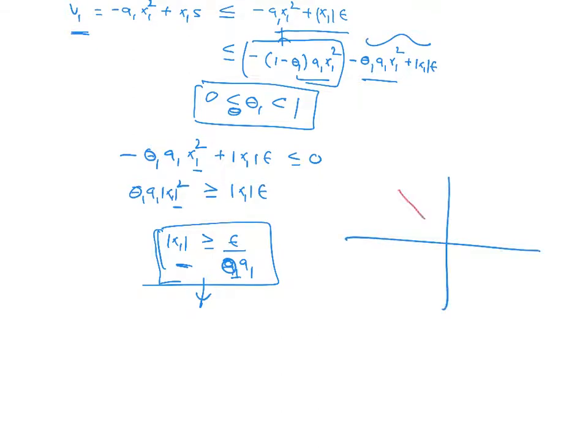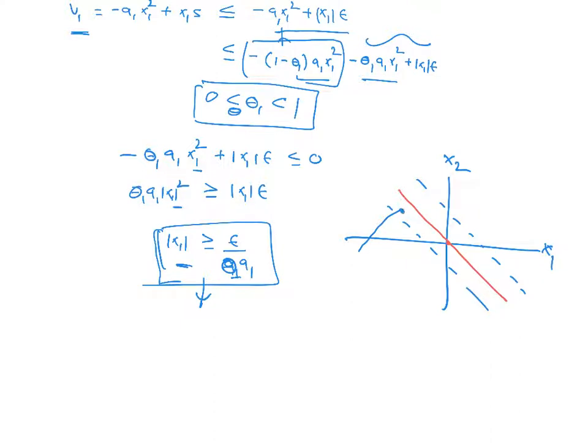Let's say this is our s equals 0, going from the origin, this is our epsilon boundary, right? And this is our x1, this is our x2. Okay, so we are saying first we are guaranteed that we will reach here, right?